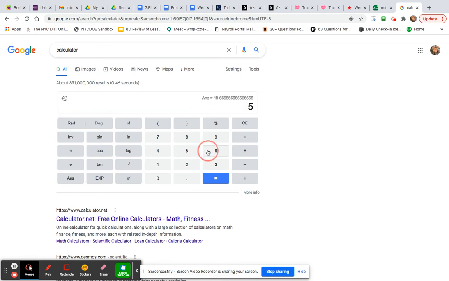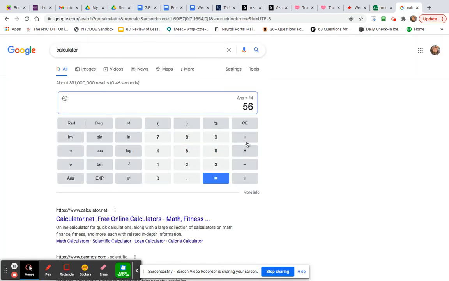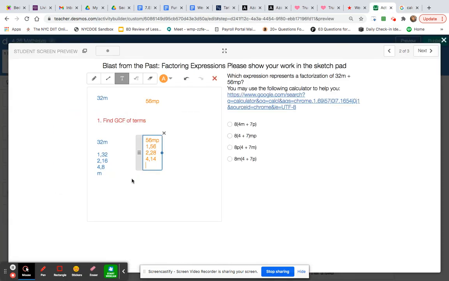So 56 divided by 4. So 4 times 14 gives me 56. So now I'm going to do 56 divided by 5. Nope. 56 divided by 6. Nope. 56 divided by 7. 8. And then if I do 56 divided by 8, that's going to give me 7. So I know that my last two factors are 7 and 8.